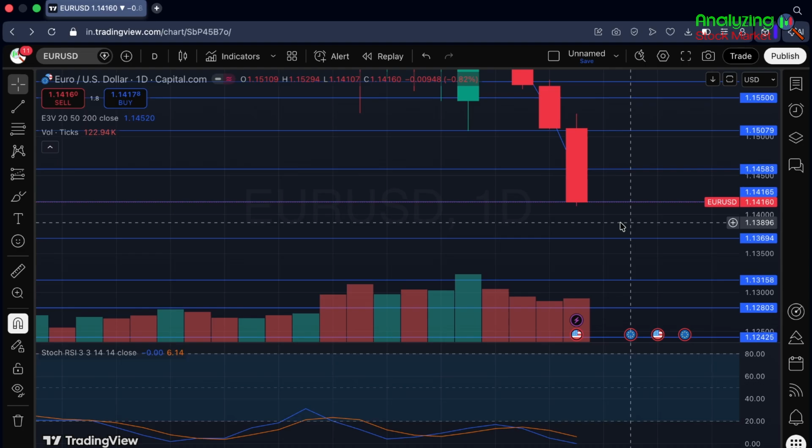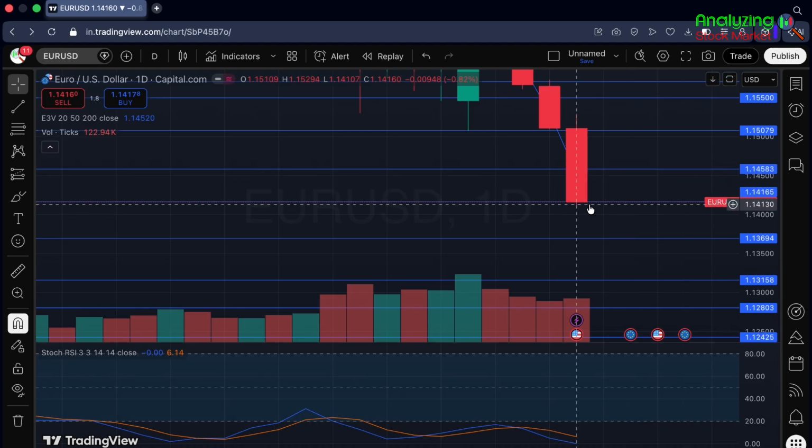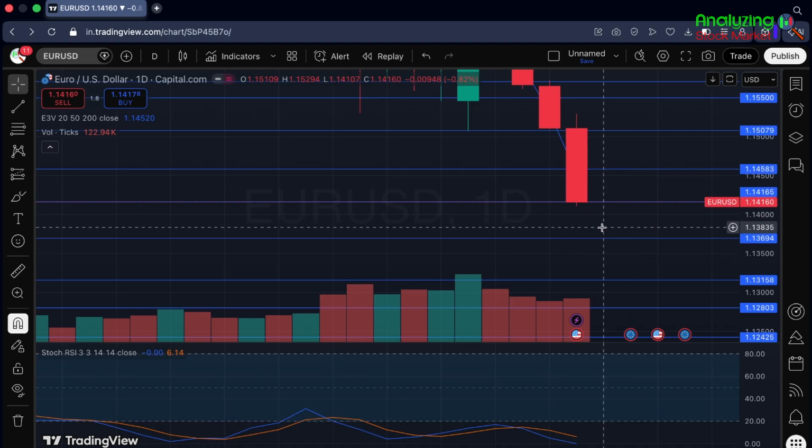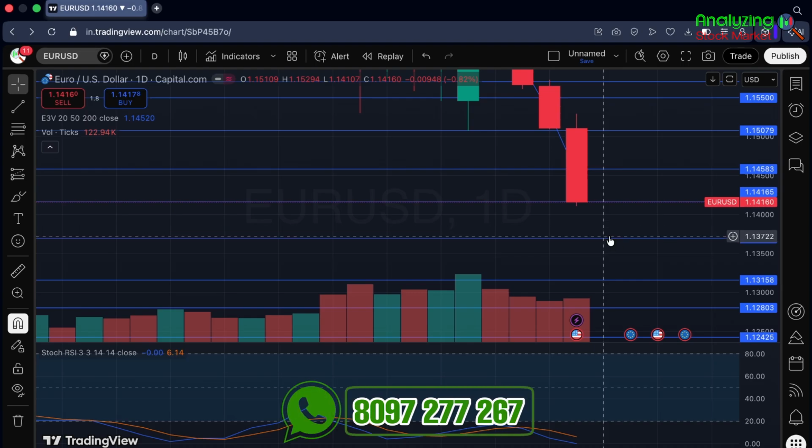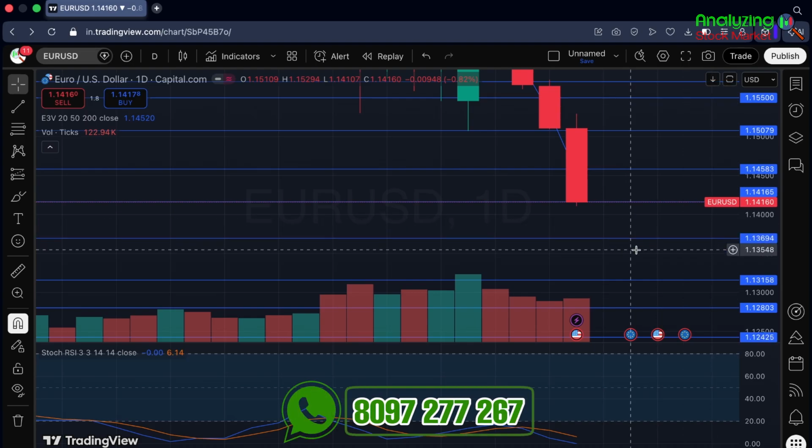So now let's talk about my opinion on Euro USD for this week. According to the previous week's momentum, I am expecting a positive momentum in this range, that is 1.14165 to 1.14583. If there is even a slight positive closing, then we can expect a positive closing for this week. But remember, if there is a gap down opening, then only we go for a short trade, once the direct support at 1.13694 gets breached and a 4-hour or one-day candle closes below it.